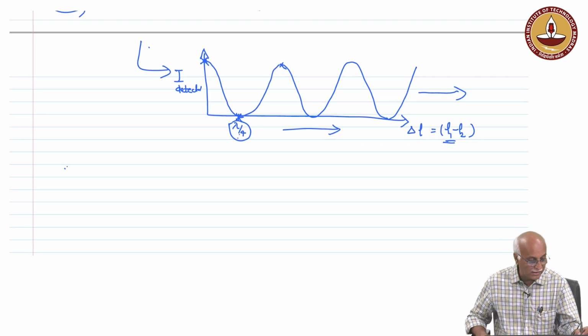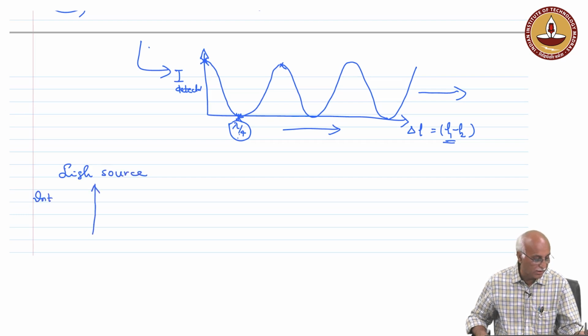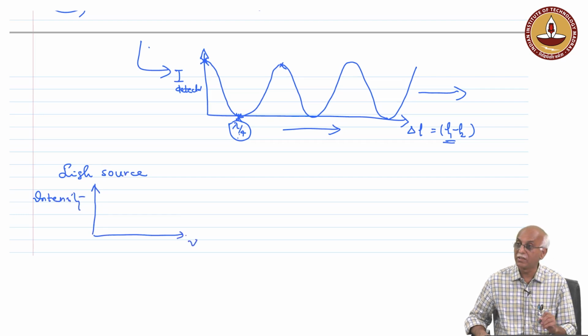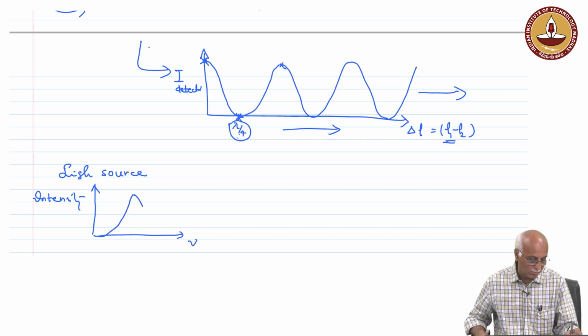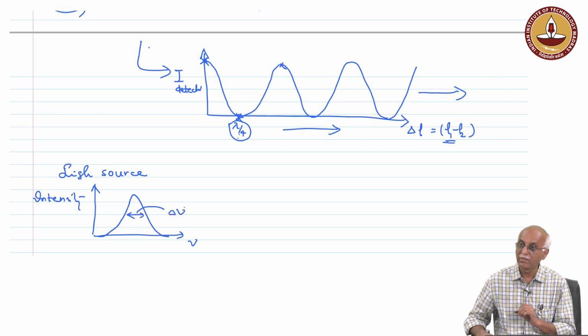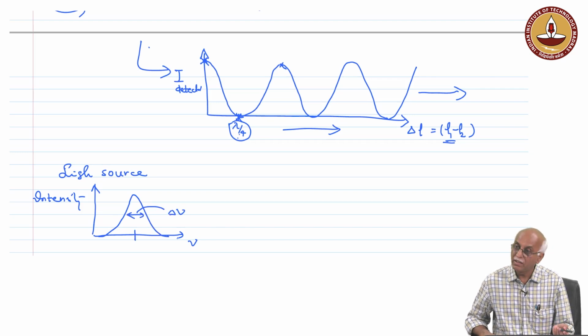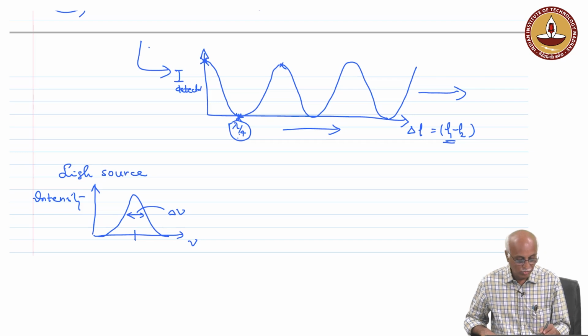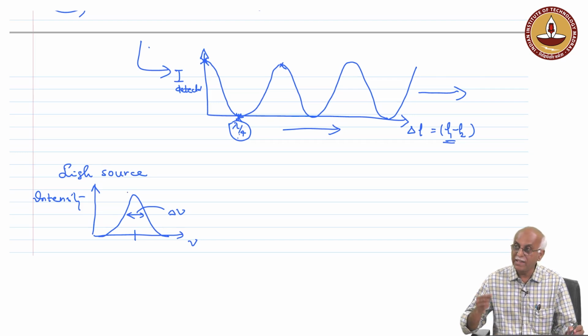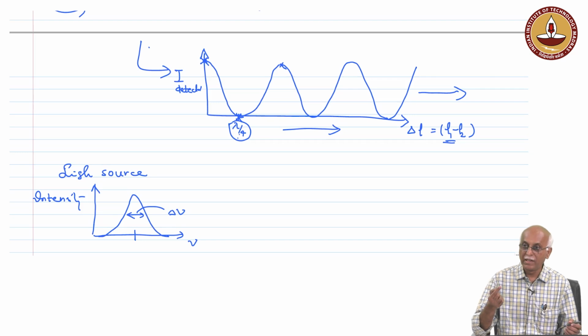When we consider any light source and see the intensity of the light with its frequency component, we will see that it has a certain spectral width. This is in terms of frequency, and similarly in terms of wavelength also. Let us say we consider a red light emitting diode.